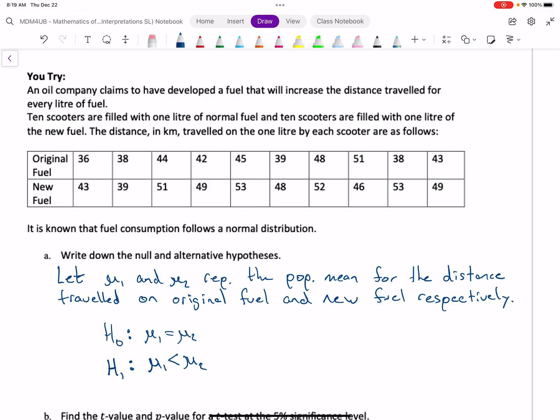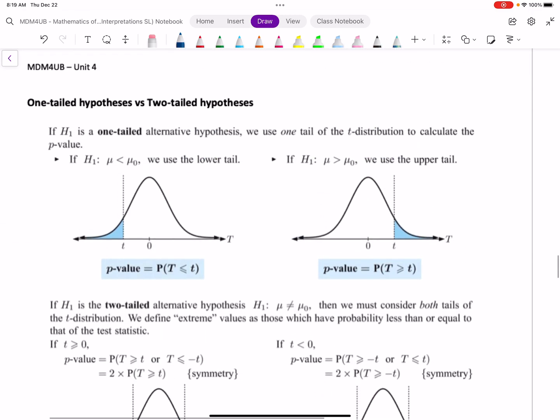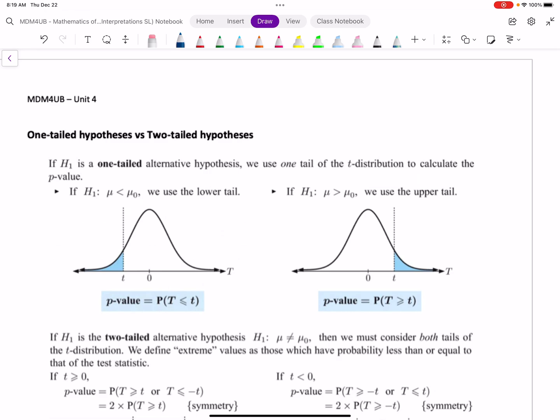I mentioned it last class, but if you happen to get that part wrong, it just means that your analysis won't give you the correct answer. I kind of skipped over this, so I'm just going to go up slightly. When it is mu less than the other one or mu greater than the other one, this is what's called a one-tailed alternate hypothesis. You don't really need to know that.